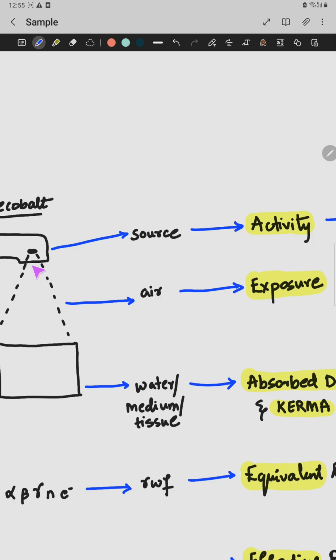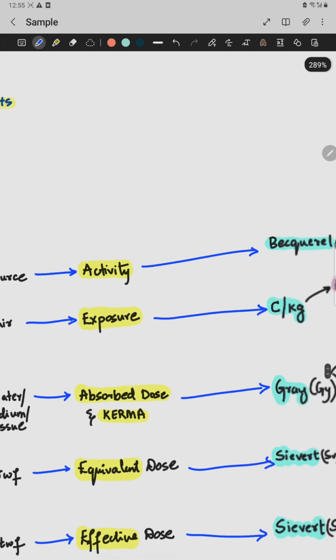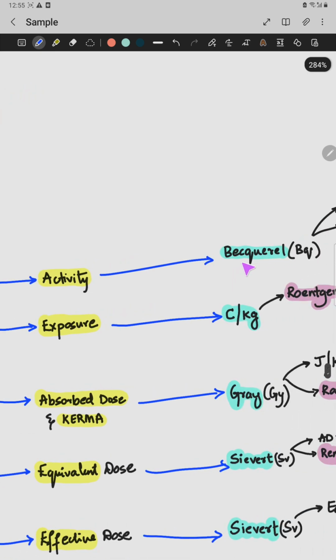Here, as the photons are being produced, since air also has atoms, the photons interact with them, and then ions or ion pairs are produced. That measurement per cubic centimeter, that volume or area, is measured by exposure. Now activity, for a source, is measured by becquerel.